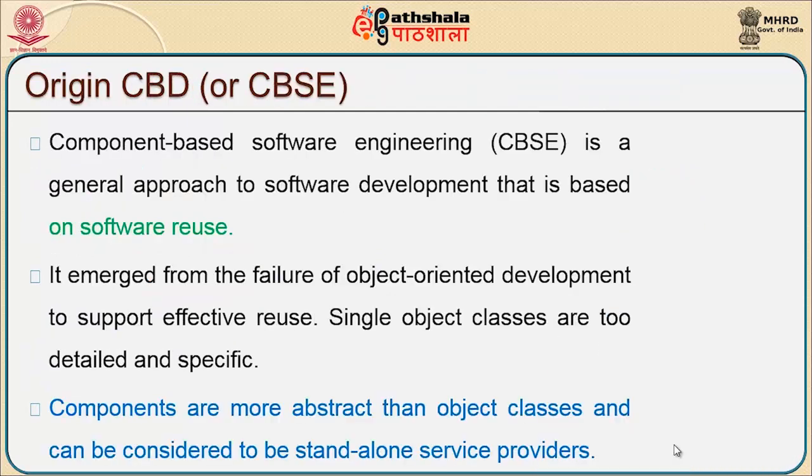perspective. If you look at the origin of component based development, it is component based software engineering, an approach to software development that is based on software reuse. So the entire thing that we wish to talk about in component based development is towards software reuse, and it emerged from the failure of object oriented development to support effective reuse.